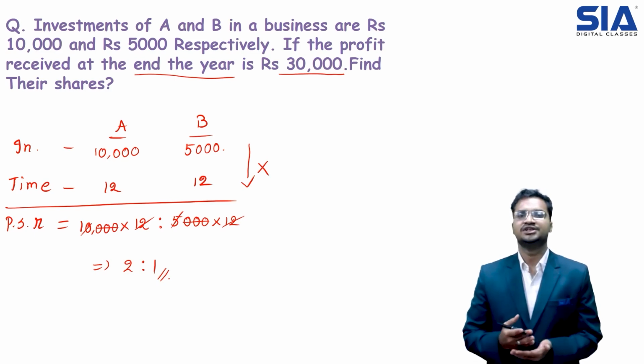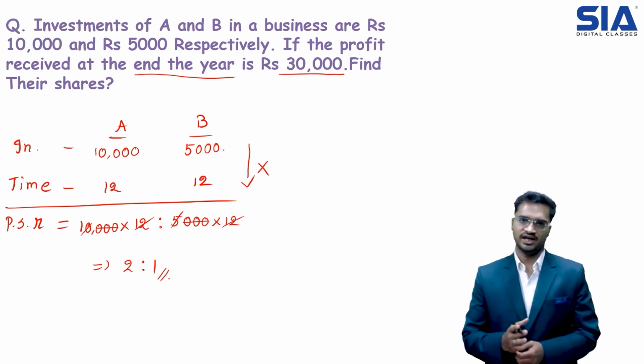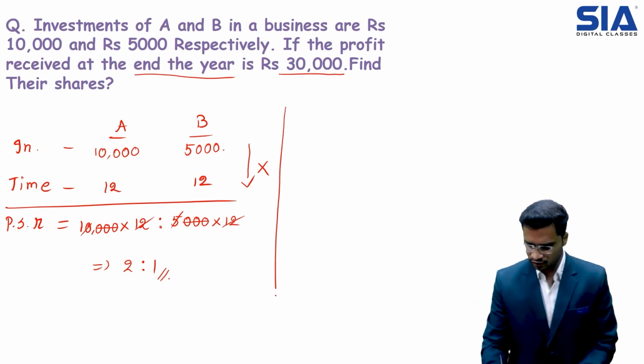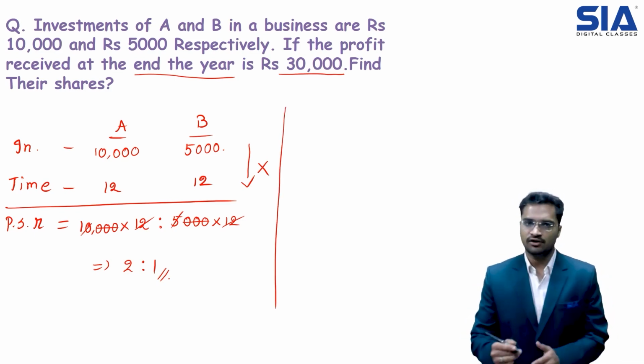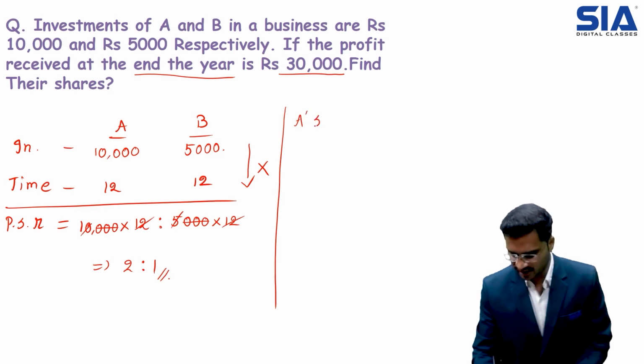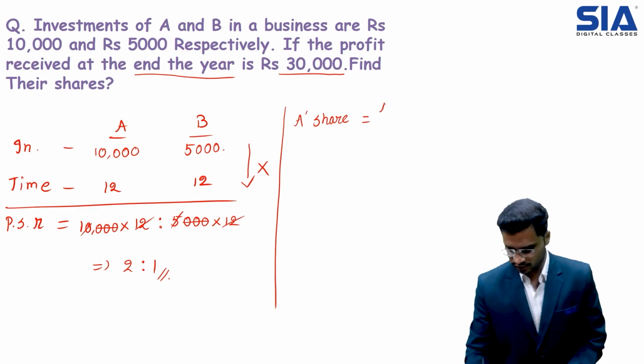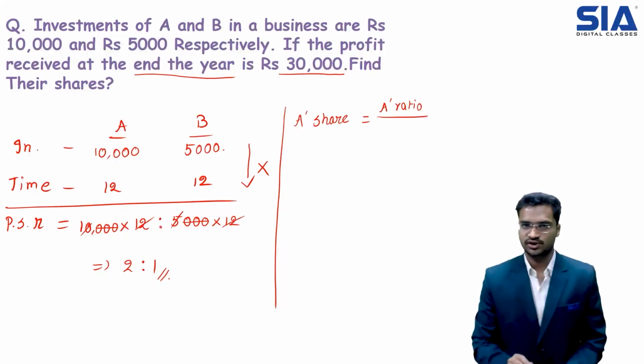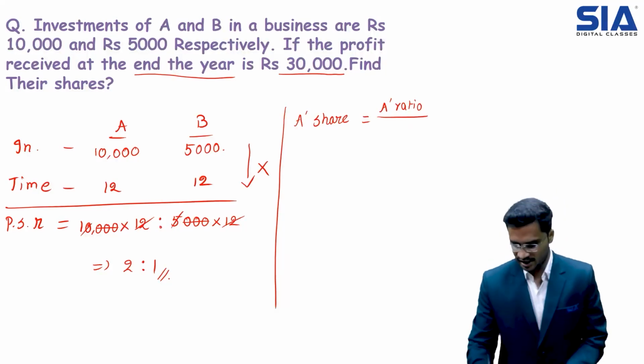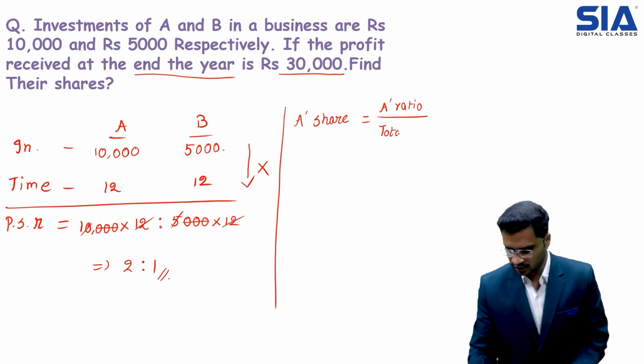Now I have to find the shares or profits of A and B respectively. If I want to find the profit or share of A, A's share is equal to A's ratio, the ratio which A is getting, divided by total ratio, multiplied by total profit.